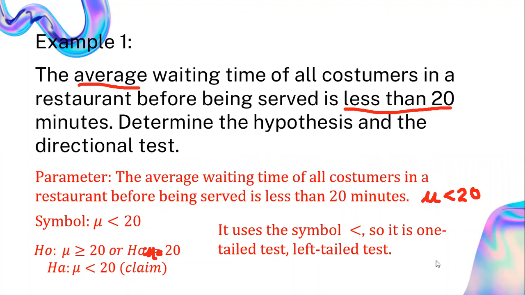So that's how we analyze a given problem, whether it will be a one-tailed test or a two-tailed test, and of course, stating its null and alternative hypothesis. Okay? So let me just erase the annotations that I have included.